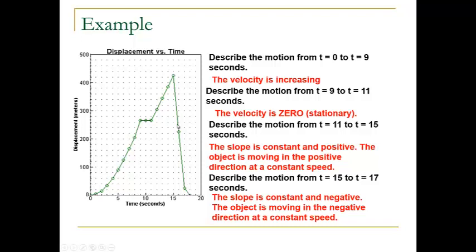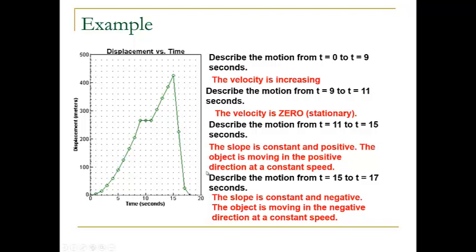That extreme steep slope tells you that you're moving really, really fast. The slope is constant, so it's still a constant speed, but it's a fast constant speed. So whatever speed you were moving at from 11 to 15 seconds, now you're moving even faster. But again, you're moving south or in the negative direction. South, west, whichever way you want to say it, but in a negative direction.